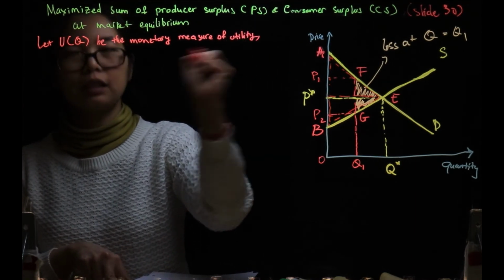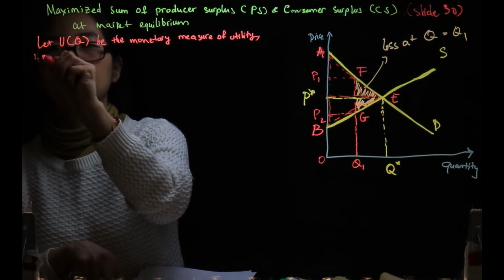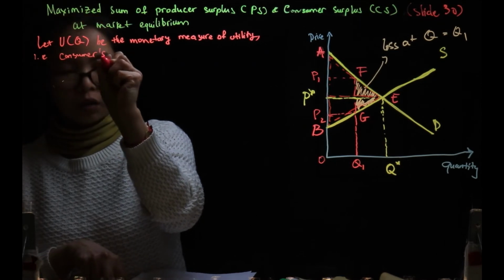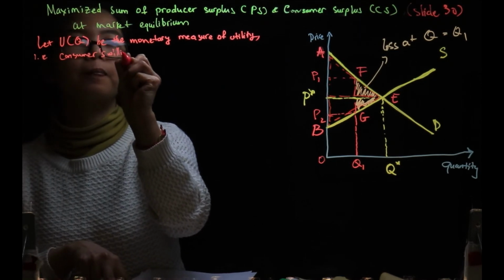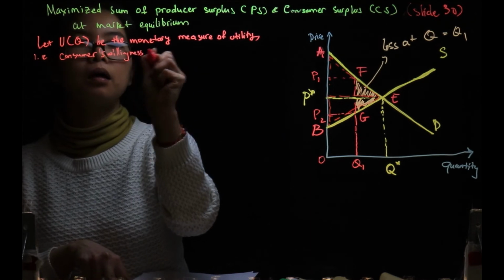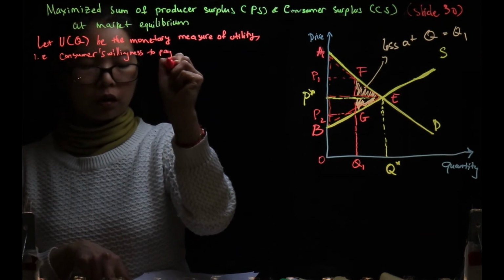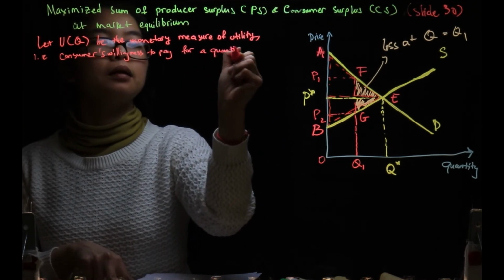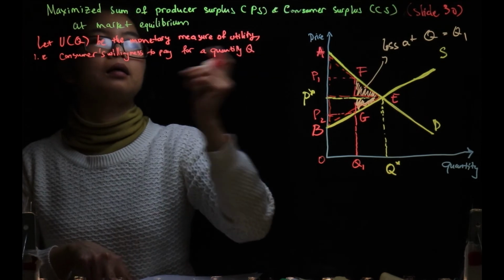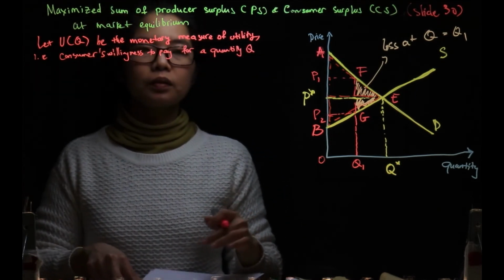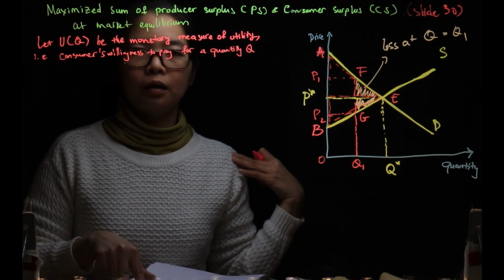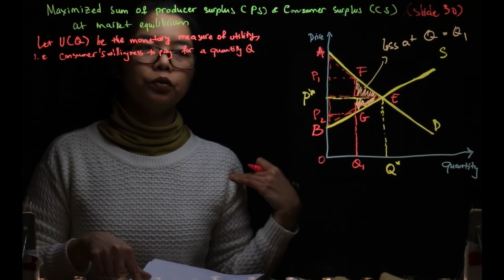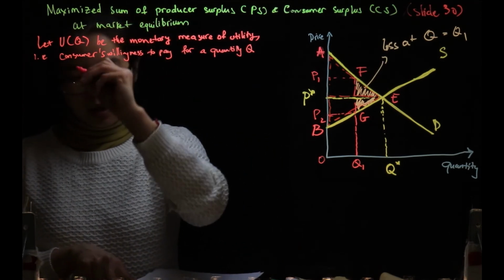Now go back to utility, meaning consumer willingness to pay, for a quantity Q. So that's the utility that the consumer receives from buying Q units of the good. Okay?